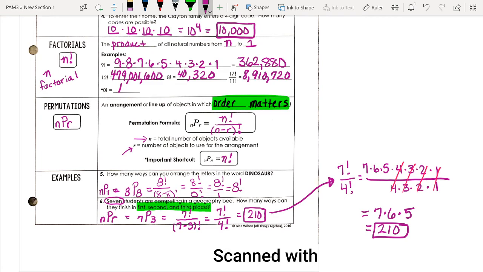If you have a number of items and you're going to choose all the items to rearrange, then you can use the shortcut of n factorial. So go ahead in your calculator, find 8 factorial, use that factorial button that's above your 3, and you should get 40,320. So when your n and your r are the same number, the shortcut is n factorial.